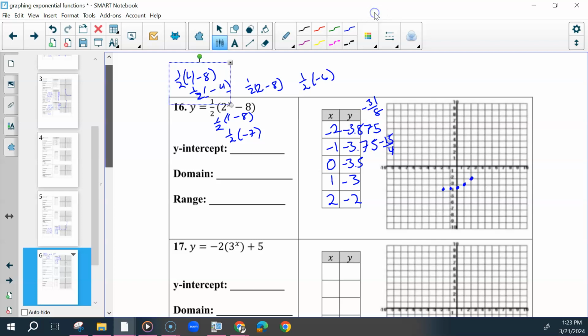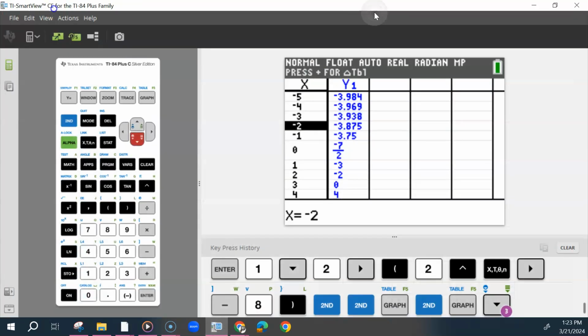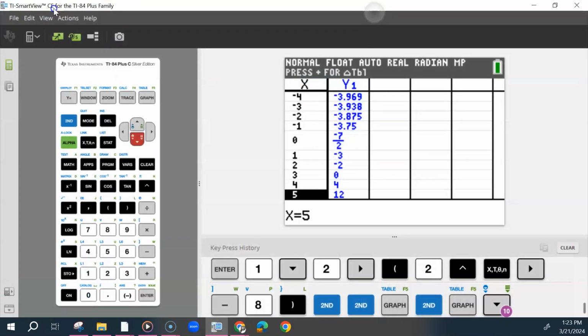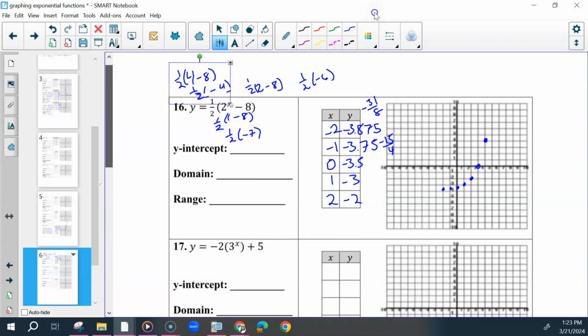If you wanted to plot some more points, you could look back at the table and see that at 3, it goes to 0. 4, it goes to 4. And then 5, it goes to 12. So it looks something like this.